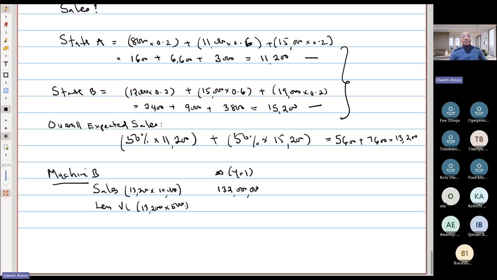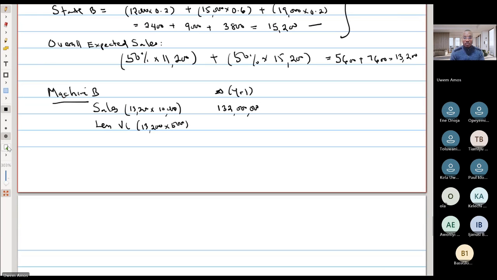So 13.2 multiplied by 5,000 gives us 66 million.